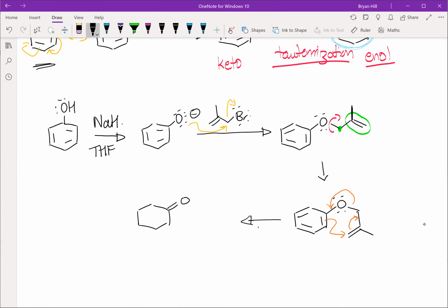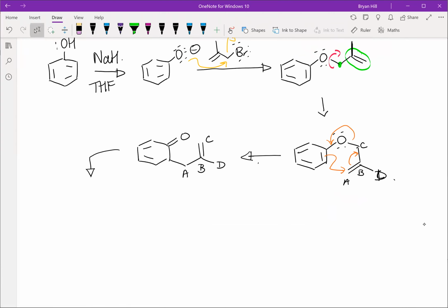I'll draw the keto form first. So A, B, C. And I'll call this D. A, B, C, D. And this would quickly enolize, tautomerize to the corresponding phenol.